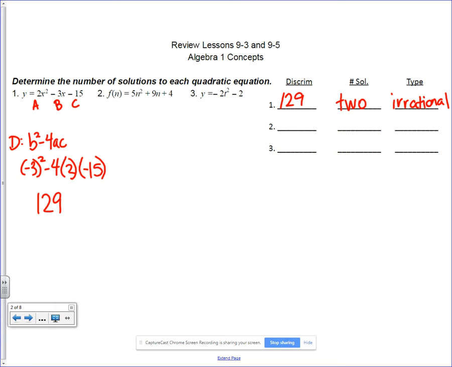Okay. Number 2. Is that one in the right order? Okay, so let's find the discriminant. All right, what's the b? Good.